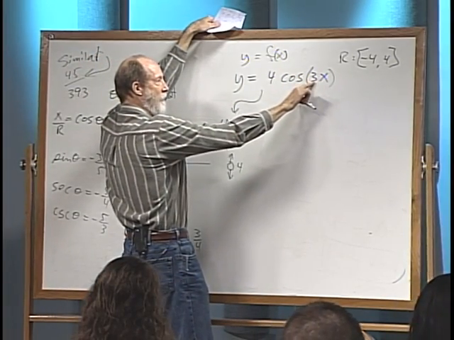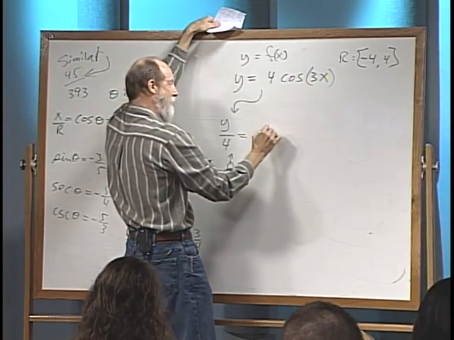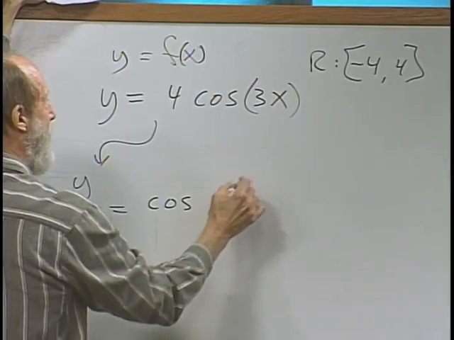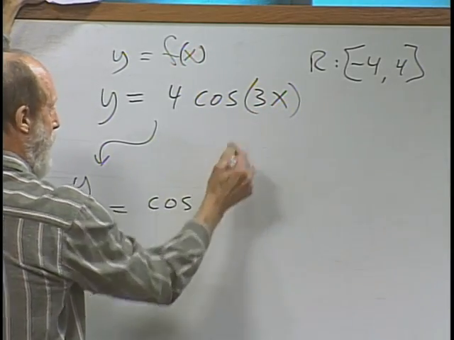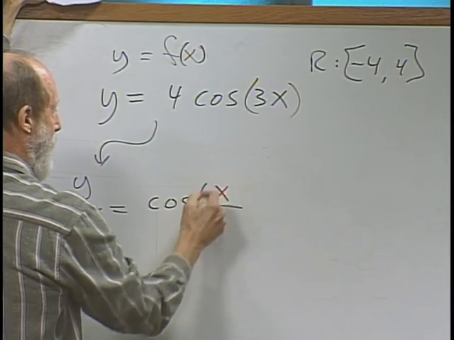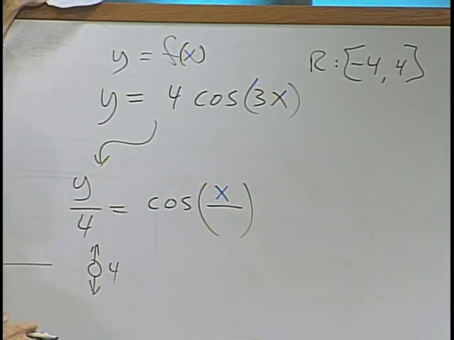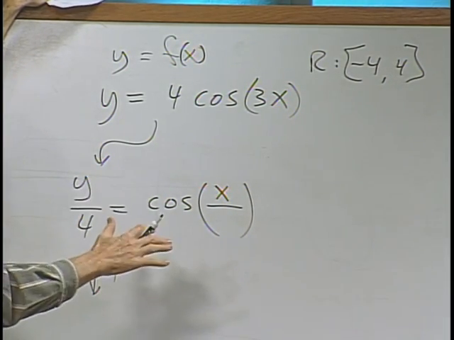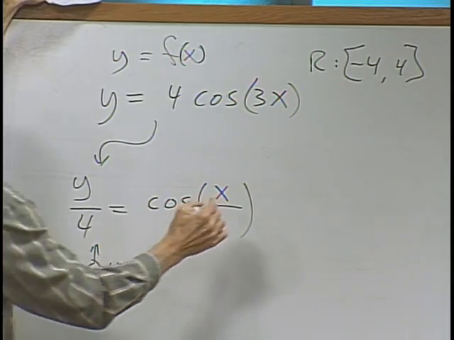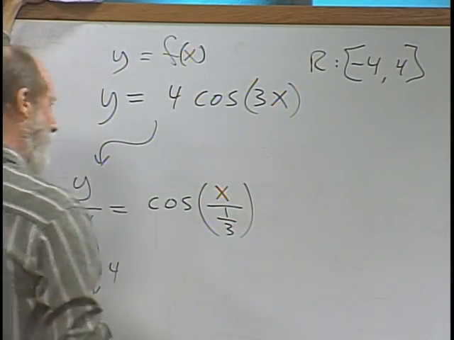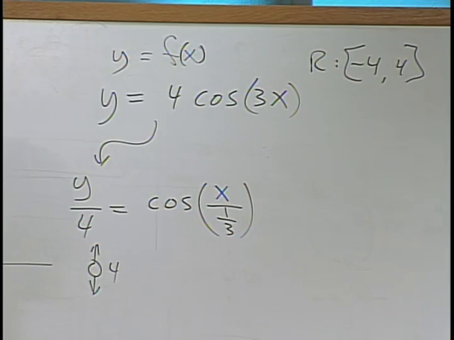Inside here, inside the cosine function now, is your angle. And if I take that 3 and tuck it down underneath the x, it goes down as the reciprocal of 3, doesn't it? And we've done this before, as a 1/3.